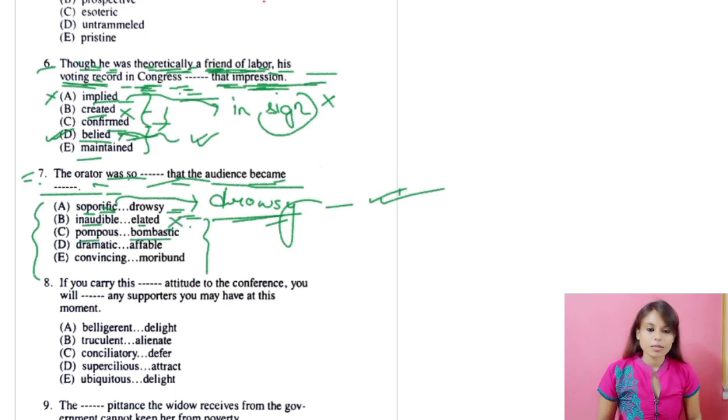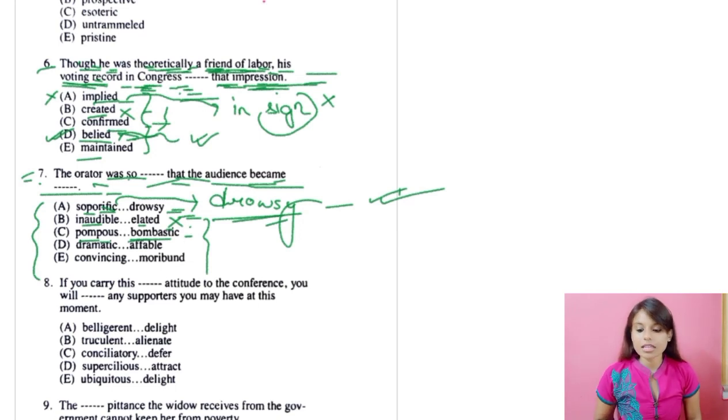What about number C? Pompous and bombastic. Pompous means showing that you think you are more important than other people, for example by using long words that sound impressive, just to show that you know everything and the others don't know anything. So you are trying to prove yourself better than the others, which in reality you are not.